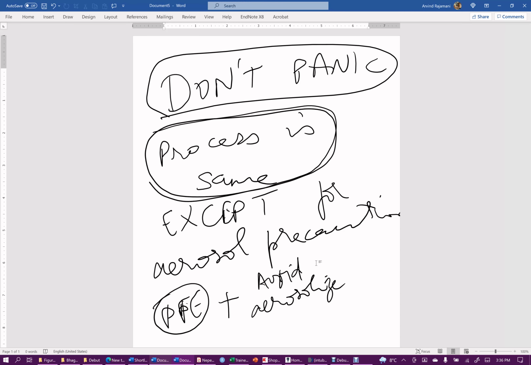Keep the same process that you would normally follow, except for those steps that are potentially aerosol generating. You can just breeze through, and when you're intubating somebody, just remember to have good communication, explain the plans, then don PPE and go in and execute those plans.